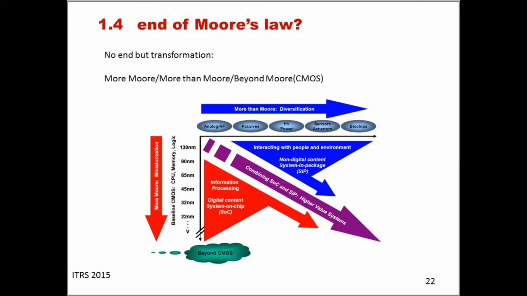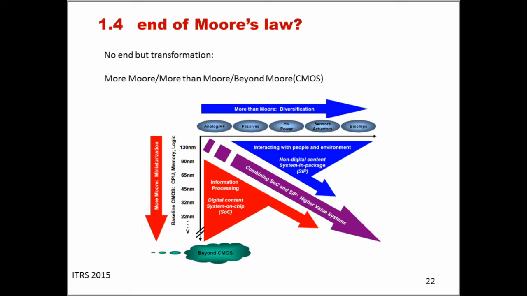The one was called Moore, the other one More than Moore, and the other one is Beyond Moore or Beyond CMOS. So these three directions could be shown on this type of diagram here, where we see that Moore means trying to keep scaling alive in a clever way.